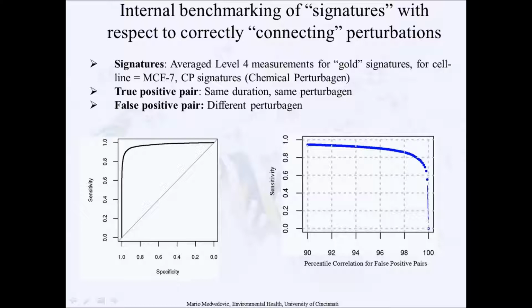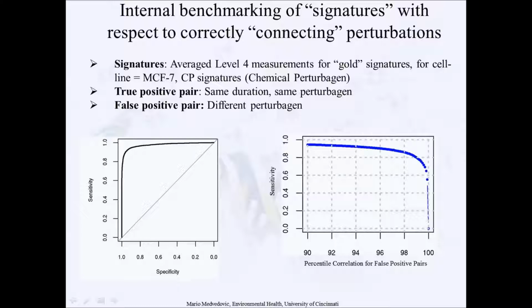The simplest way, and I think that's how some other people have been constructing signatures, is to basically average replicates. So if you have 4 replicates that are designated to constitute a gold signature, meaning that they are highly correlated and they're specific, then you can just average expression levels of each gene, or of these statistics, depending where you start, from these replicates.